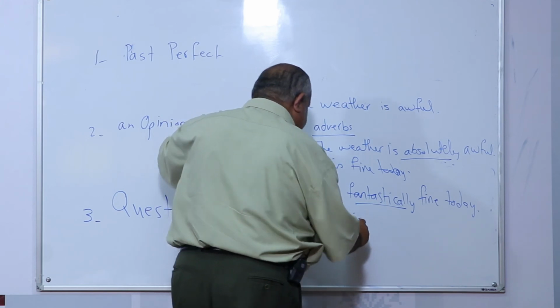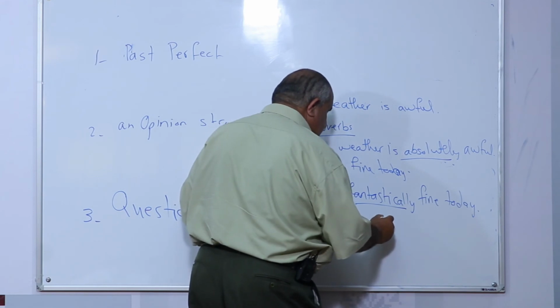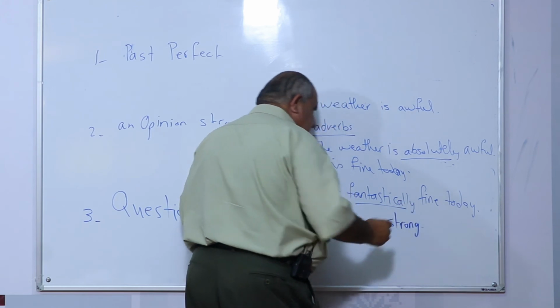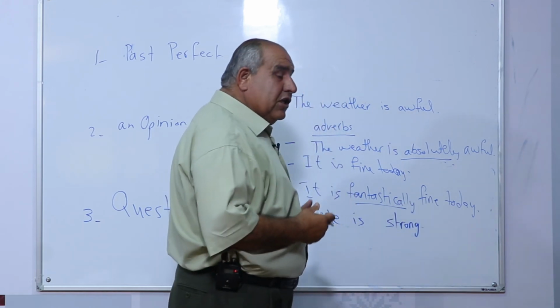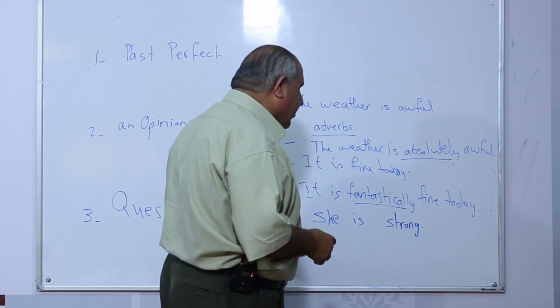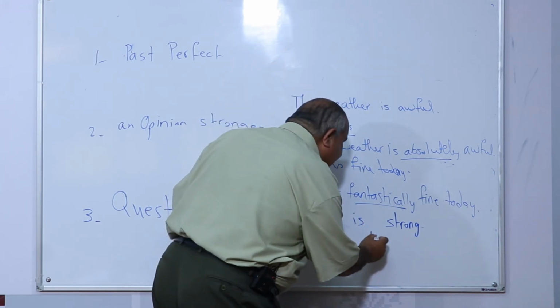A third example. She is strong. I say to you, she is strong. No, you say, strong? Just strong? No. She is extremely strong. She is terribly strong.